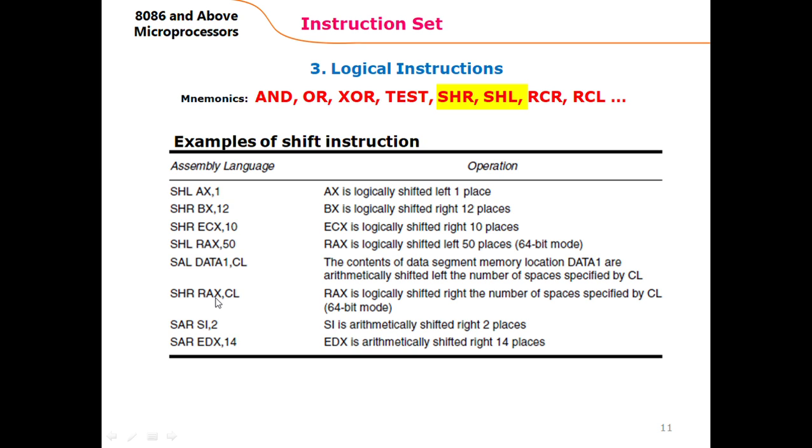This is shift right arithmetic SI, that is a 16-bit register, and this 2 is a numerical value. So the value in SI is arithmetically shifted right 2 places. Similarly, this instruction would arithmetically right shift the 32-bit value in EDX by 14 places.